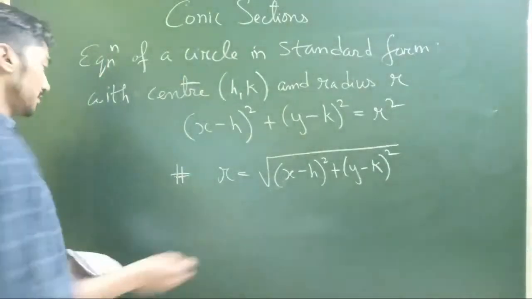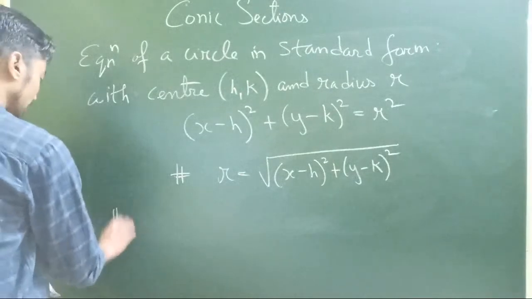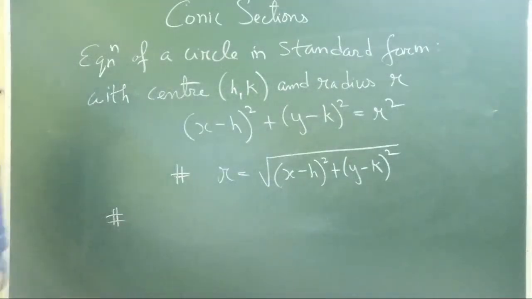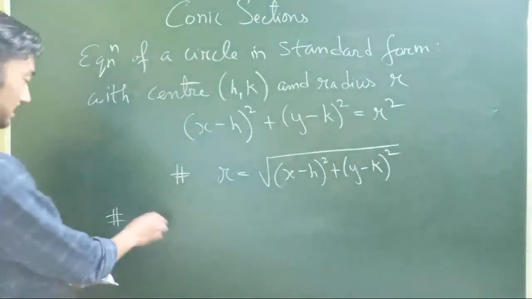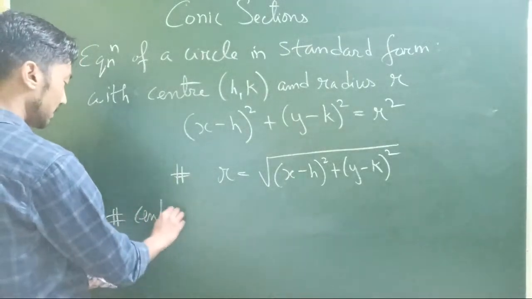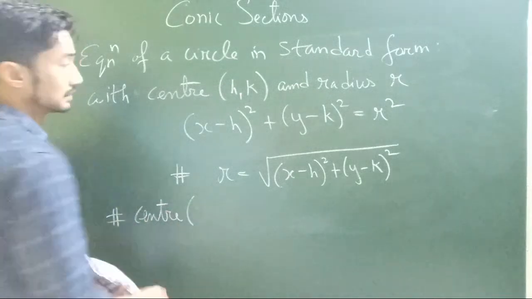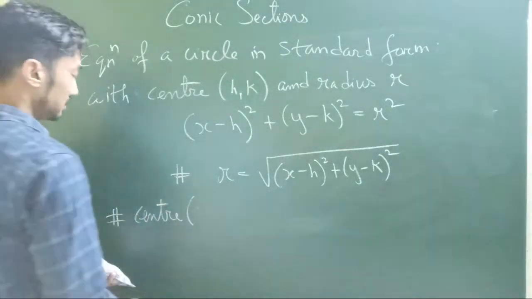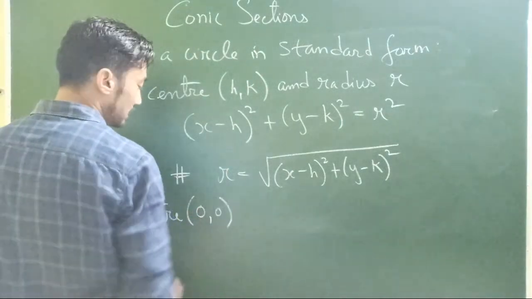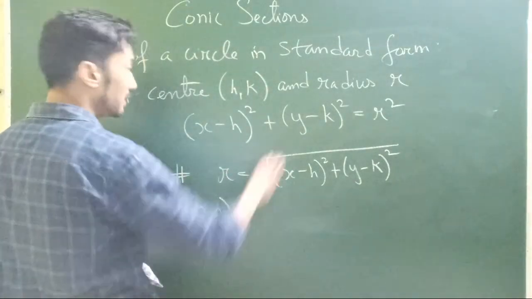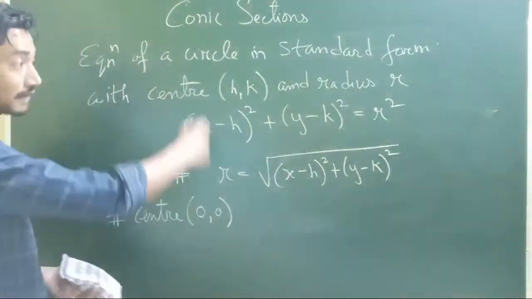Okay, now a special condition. Just write down a small special condition. In short, we'll go quickly about our business. If the center is the origin and the radius is r, then how do we write our standard equation?